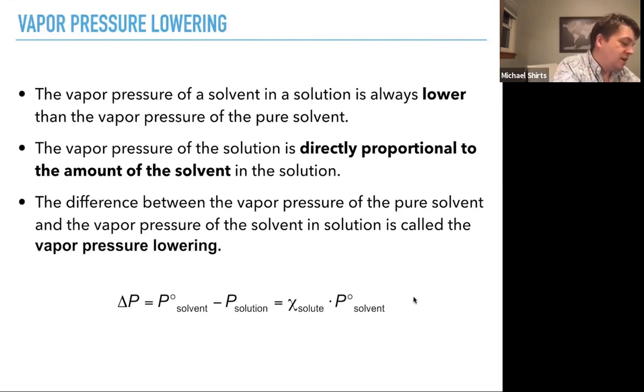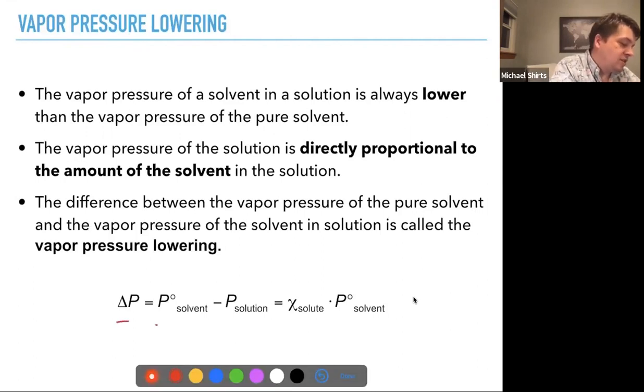So our delta vapor pressure is just our change in the vapor pressure of the pure solvent itself minus the vapor pressure of the solution, which is going to be equal to, and now this is important here, when labels get switched, things get confusing, the mole fraction of the solute times the pure solvent vapor pressure, right?